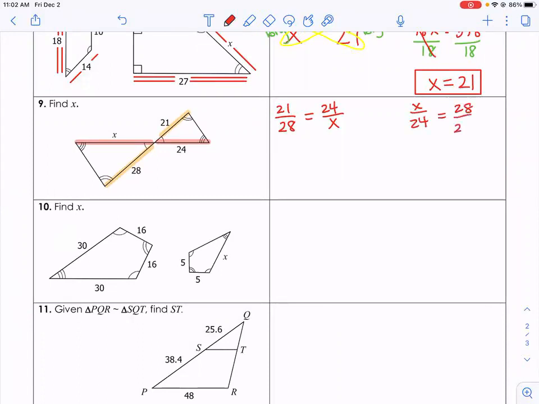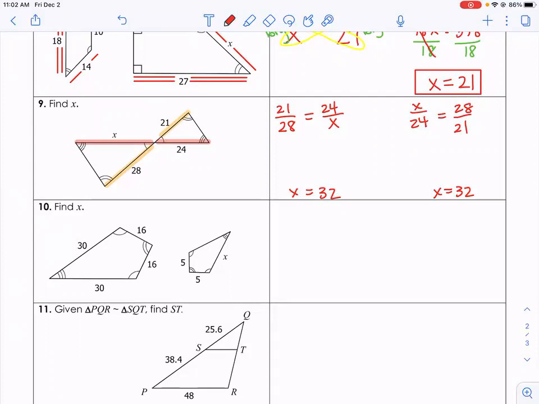So you got the answer of 32, and Bennett, you got the answer of 32? I put 24 over X. Kinley said she did this one, but she just had them on the other sides.